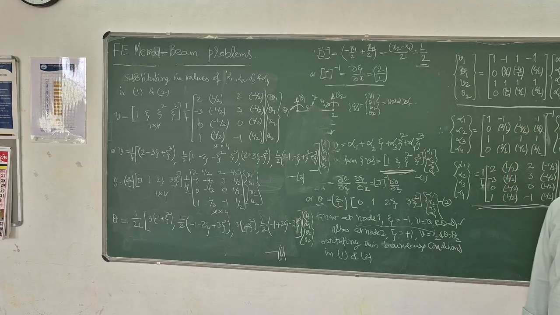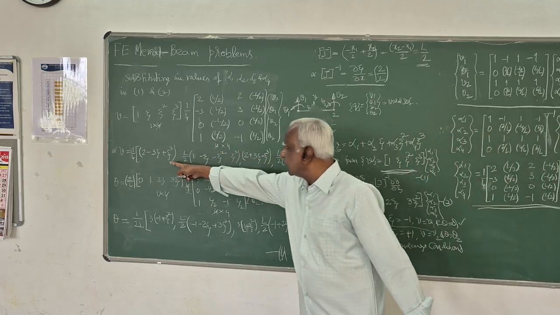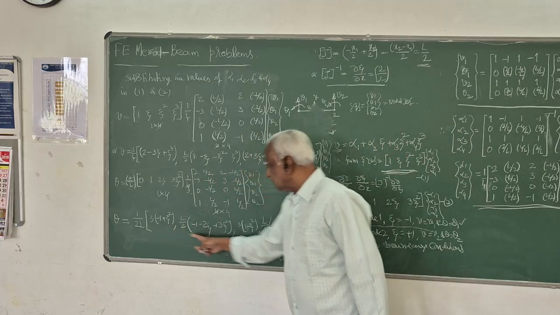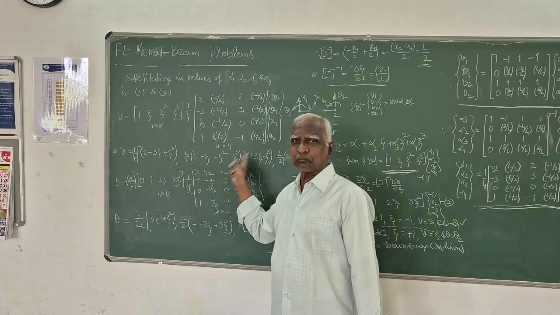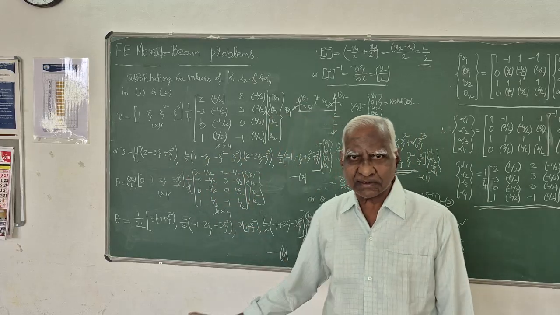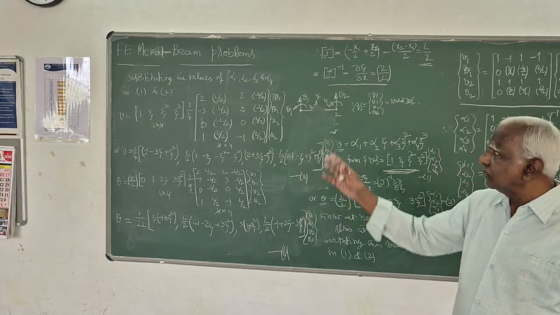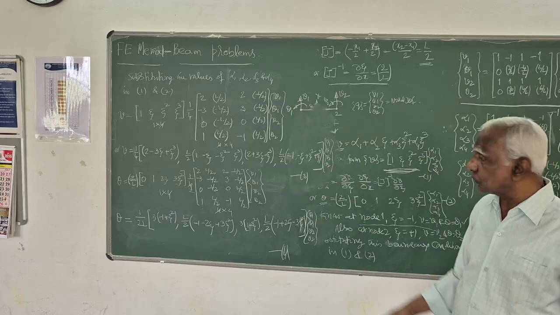So I have obtained the expression for the displacement V by equation 3 and the displacement theta. These are the shape functions now. I have derived the shape functions for the beam element. So the shape function for a one-dimensional element is Q equal to N1 Q1, N2 Q2.